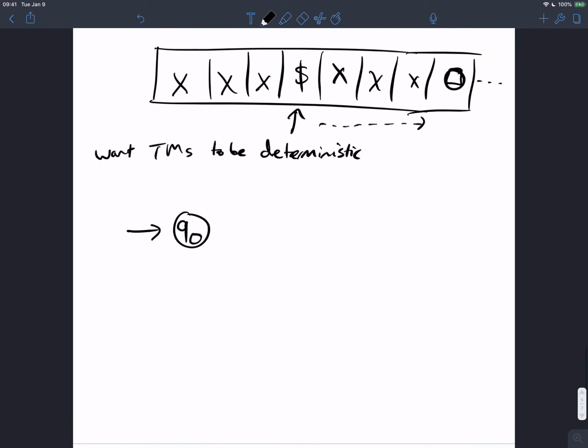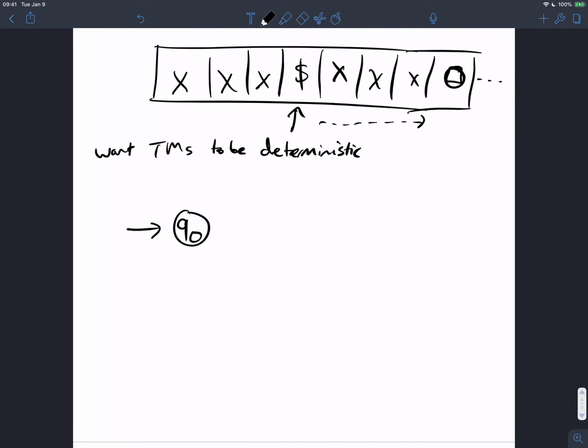So remember for our simulation from before, if we saw a 0, we're pointed at the left side, what should we do first? Right, so we saw a 0 on the tape, we put an X there, and then what did we do with the tape head? Which direction? We moved right.